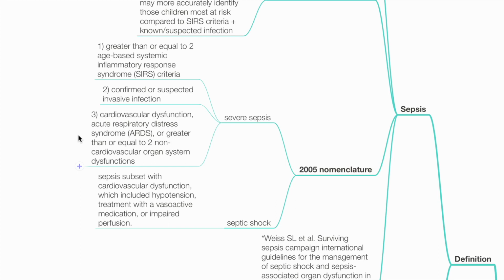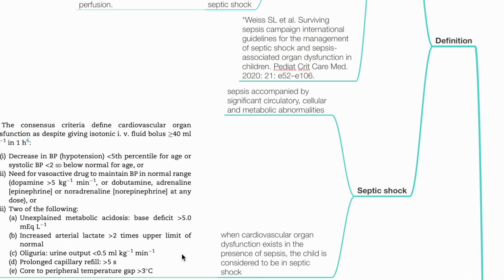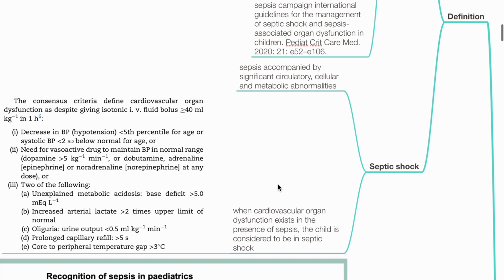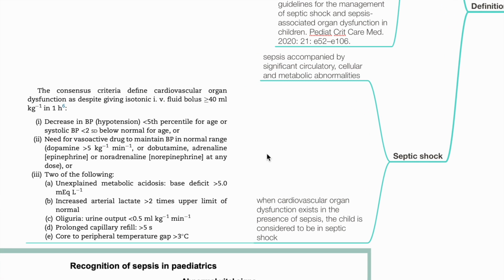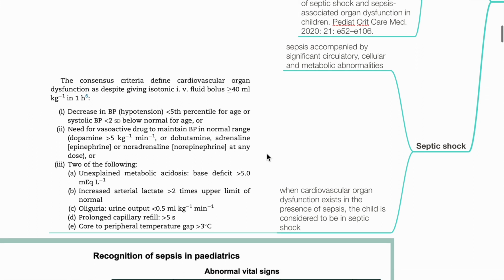Septic shock is a sepsis subset with cardiovascular dysfunction, which includes hypotension, treatment with a vasoactive medication, or impaired perfusion. Septic shock is sepsis accompanied by significant circulatory, cellular, and metabolic abnormalities. When cardiovascular organ dysfunction exists in the presence of sepsis, the child is considered to be in septic shock.